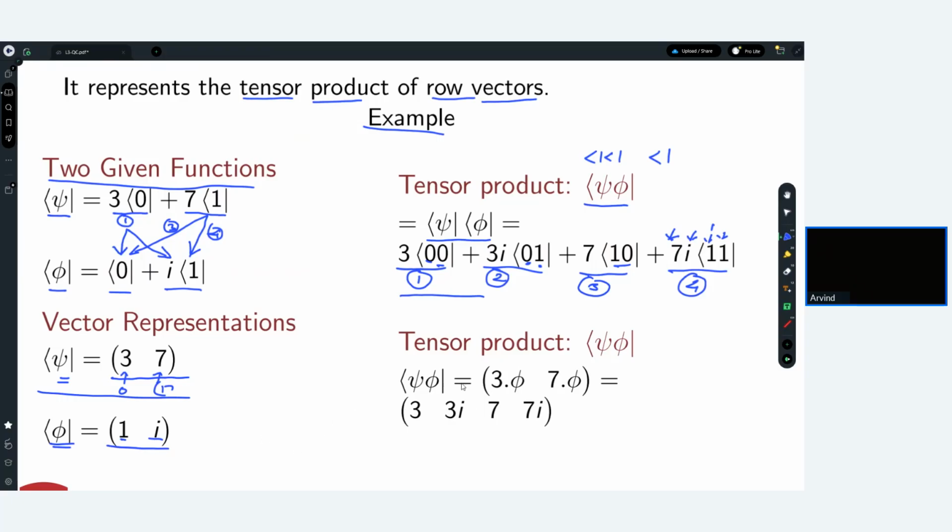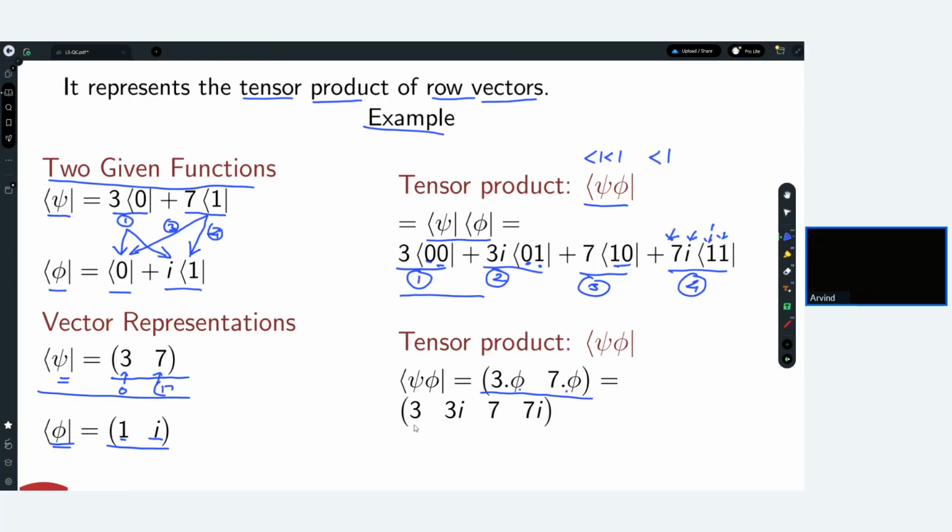If we take the tensor product of these two row vectors, we will get 3 times phi and 7 times phi, because each term from the first row vector is multiplied with each term from the second row vector.